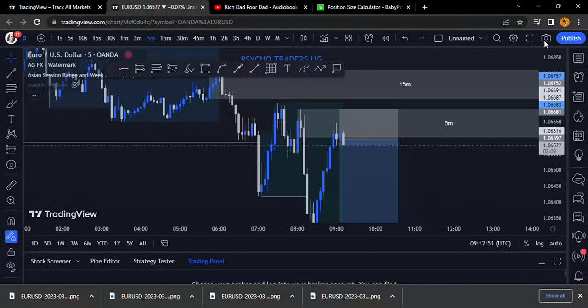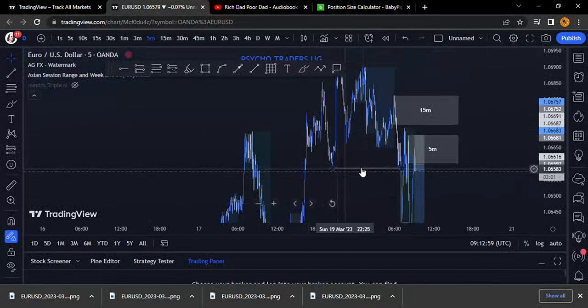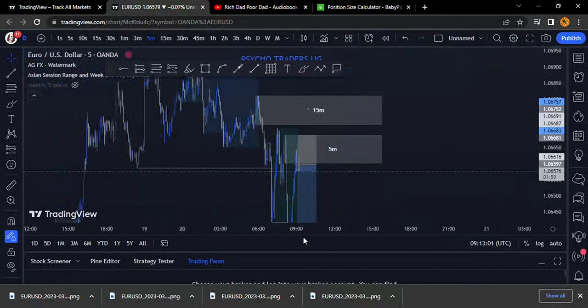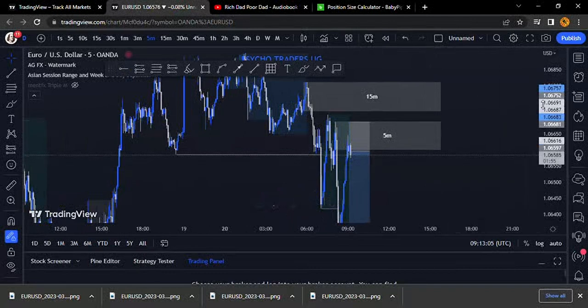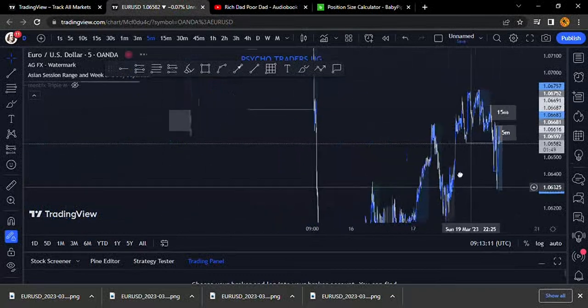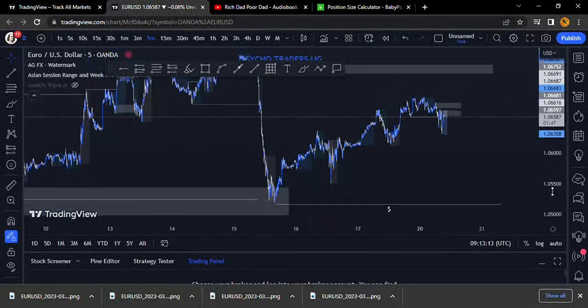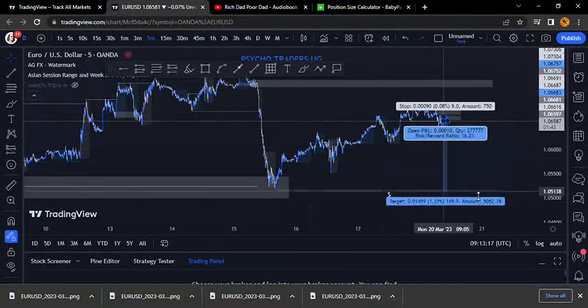So I've taken a trade on Euro USD, and I'm expecting price to go lower, because as you guys are seeing, we have a breakout structure right here, and price has reacted off a 5-minute supply zone. So we're expecting price to go lower and liquidate this low, and continuously go down to this low right here. So I'm going to be managing this trade properly.